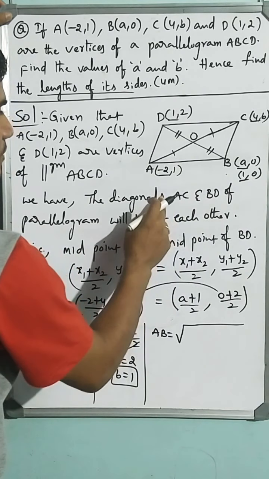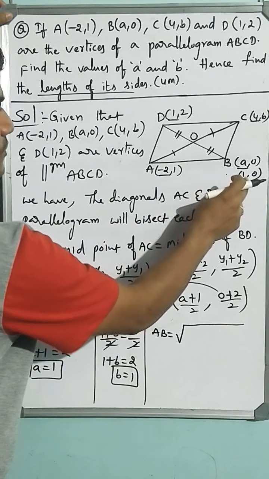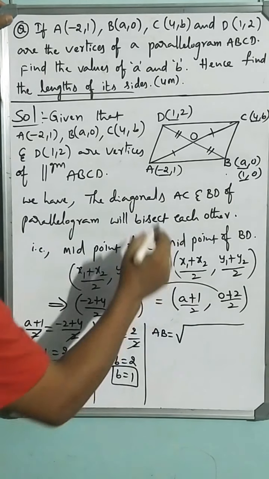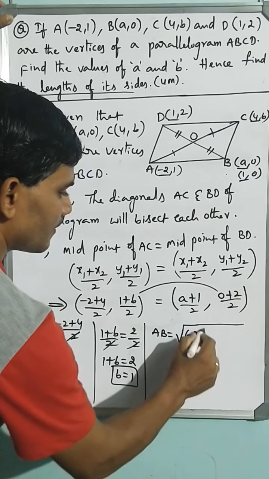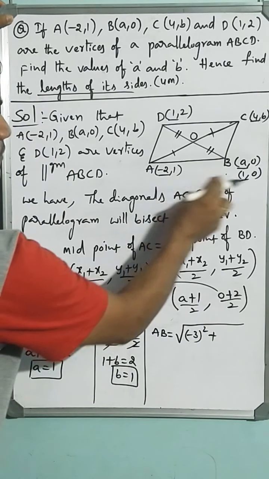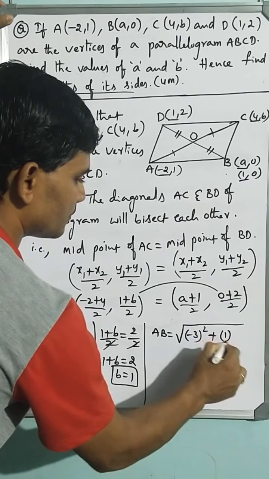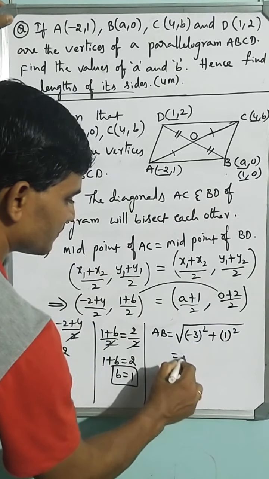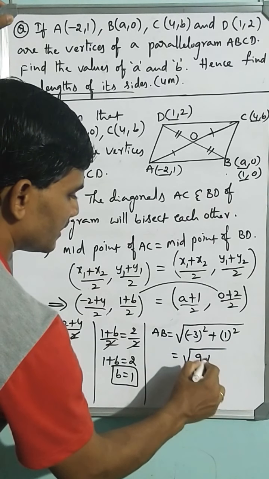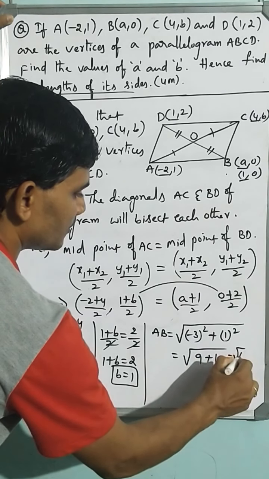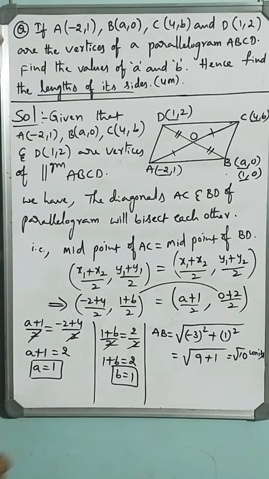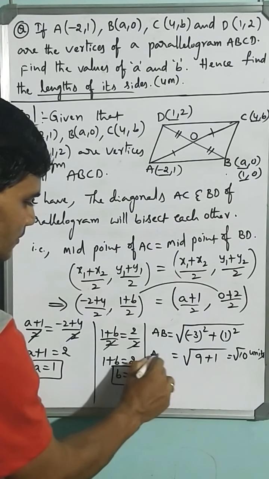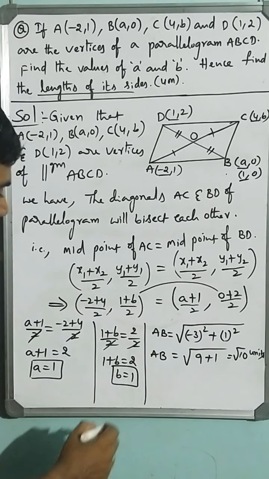Here x coordinates are -2 and 1, so the difference is -3, squared, plus the y coordinates 1 and 0, difference 1, squared. It becomes root of 9 plus 1, root 10 units. So AB, which is equal to CD, is root 10 units.